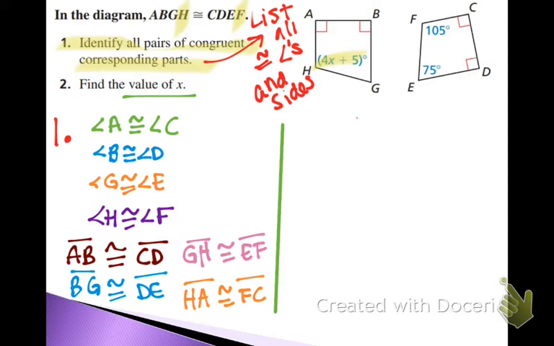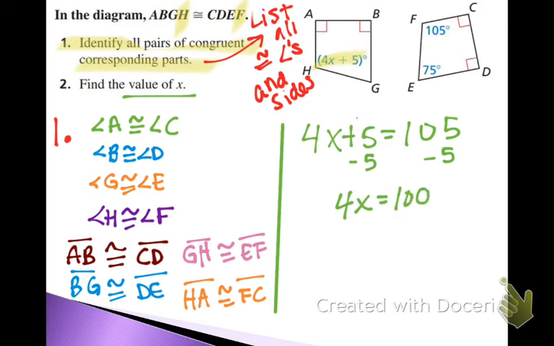You just wrote down that H was congruent to F. All right, so here we go. We set them equal because they're congruent. 4x plus 5 will equal 105. What do we do next? Subtract 5. 4x equals 100. Divide by 4, and what does x equal? 25. What a popular number today.